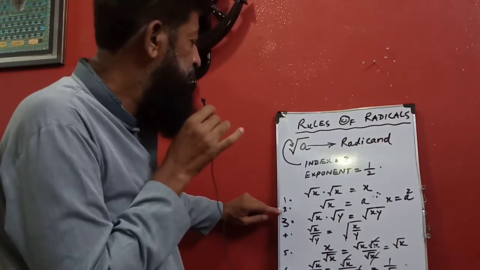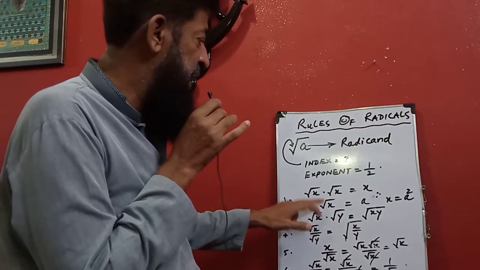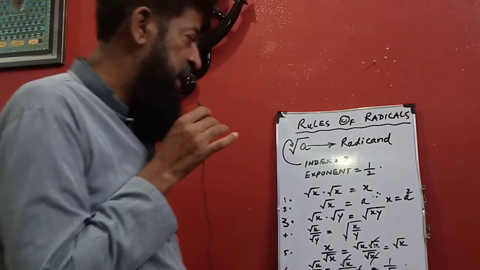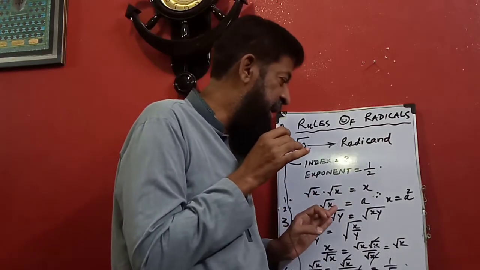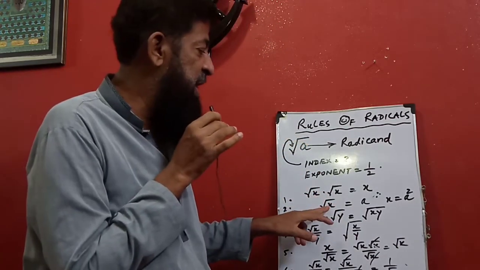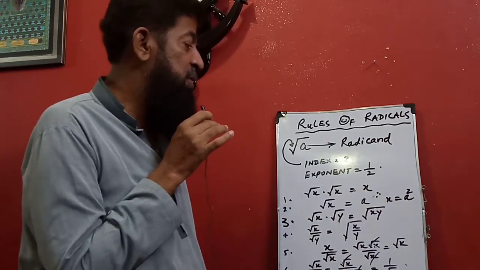Rule number 2, if a number under the radical sign equals a, then we remove the radical sign by squaring both sides, and this radicand becomes a square. This is rule number 2.